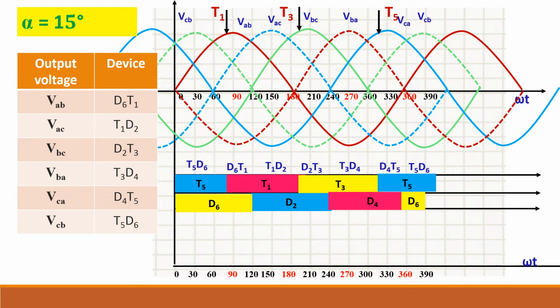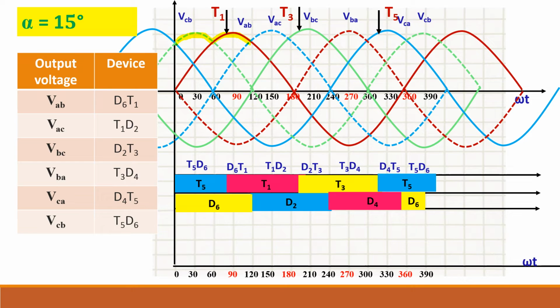T5 and D6, the output should be VCB, so follow VCB. Next you have D6 T1 but for a very short period. D6 T1 is VAB, so you follow VAB till this point.